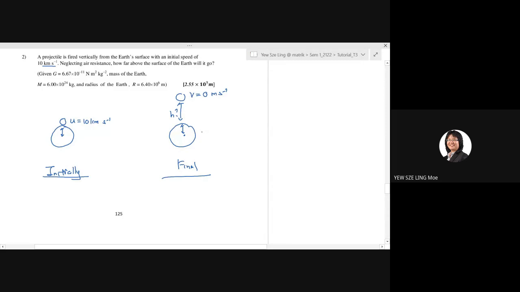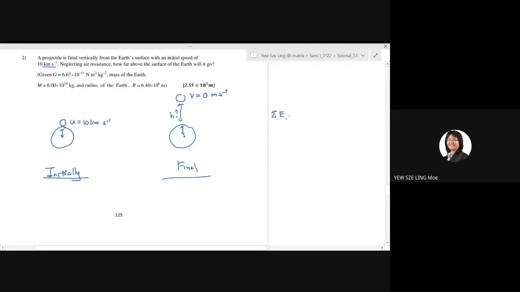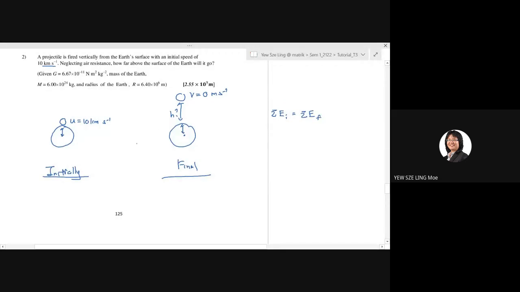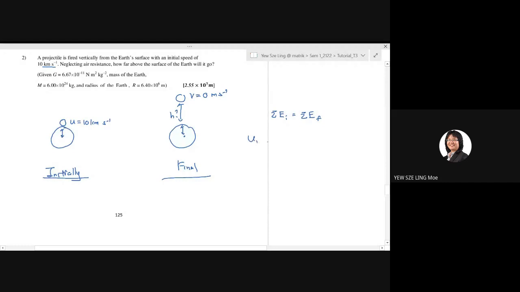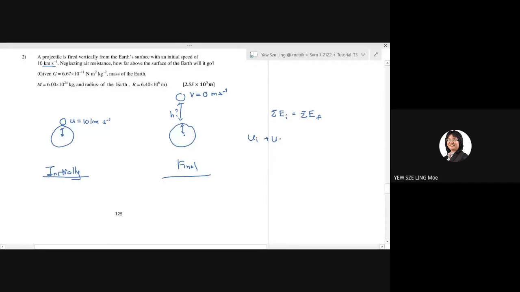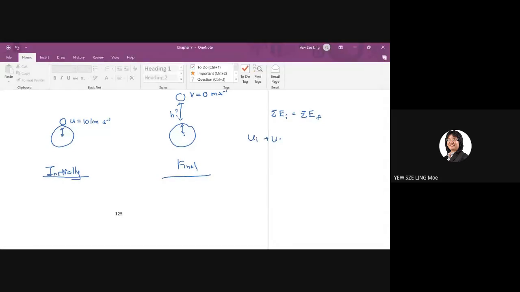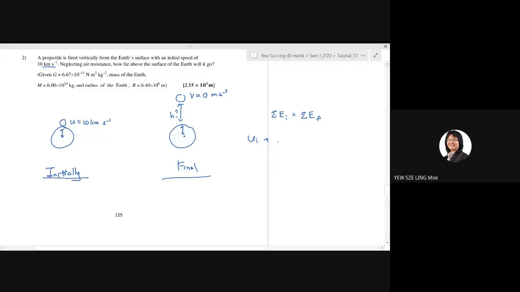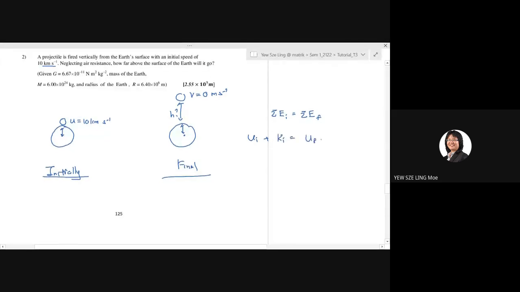So what are we going to do right now? Let's look at conservation of energy. Sum of E initial equals sum of E final. So now we have a height and now we have kinetic energy. U initial plus K initial equals U final plus K final.